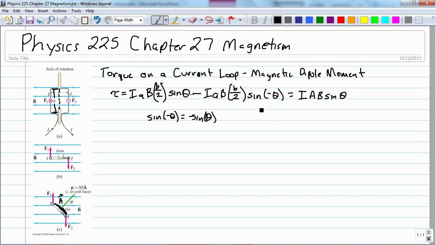Now this area is equal to little a times little b. This is for one loop.